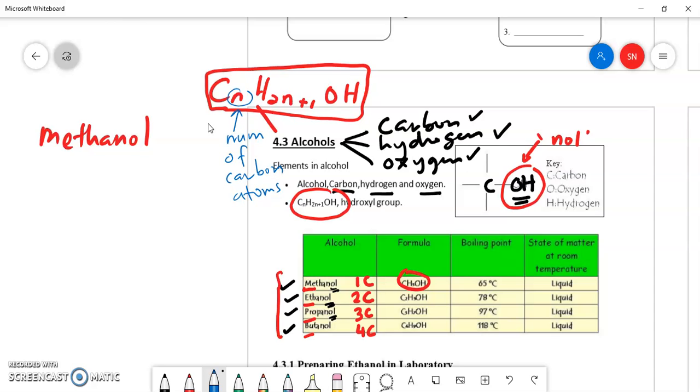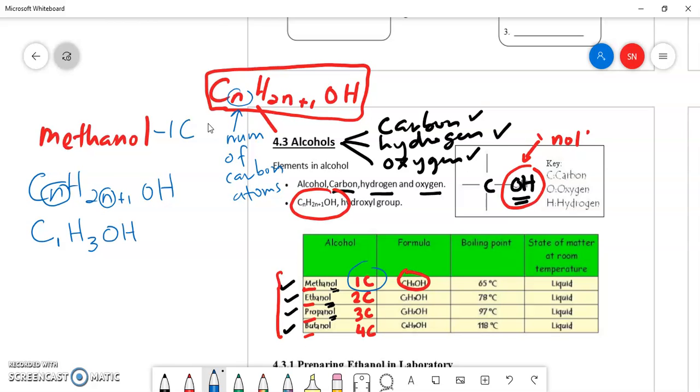As I said, methanol contains one carbon atom. So in CnH2n+1OH, the n value is 1, so it'll be C1H. The n again is replaced with 1, so 2 times 1 is 2, plus 1 is 3. So we get a 3 here and OH.